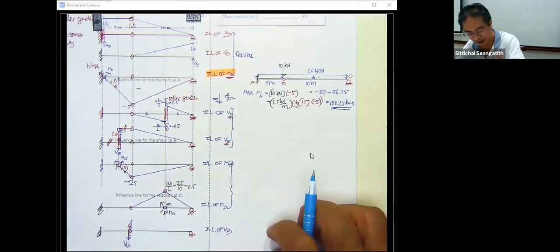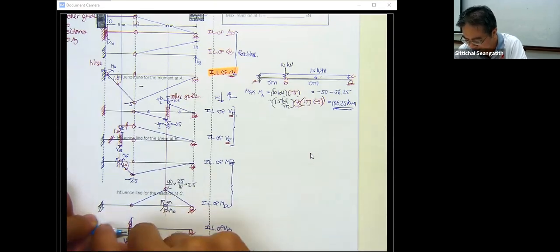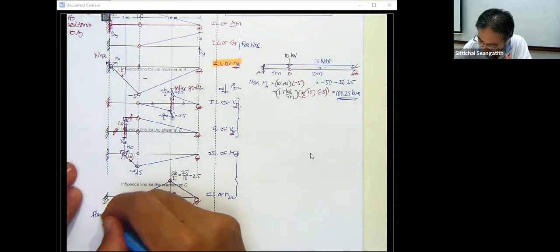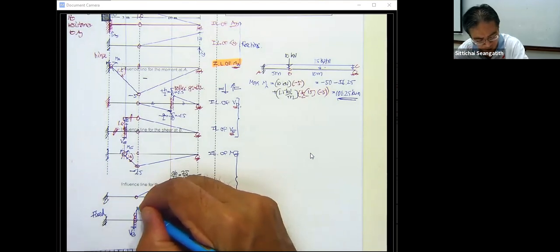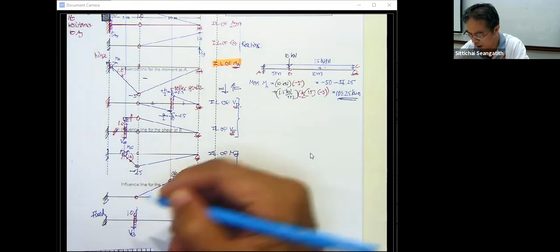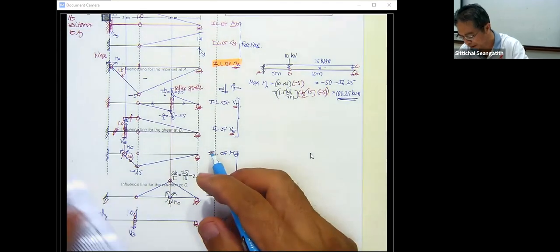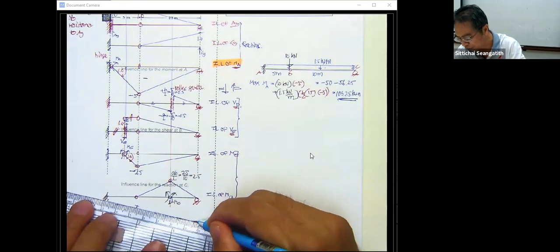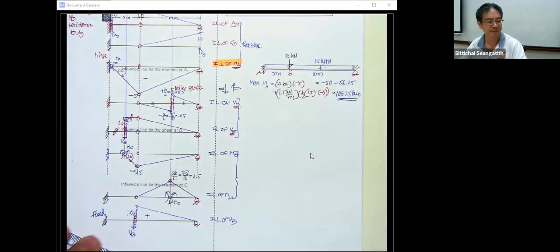What happens is again this one cannot move because it is fixed. When this one won't move, this one is supposed to move for 1.0 unit, and when this one moves for 1.0 unit, the influence line diagram of this one will be like this. This is going to be positive.